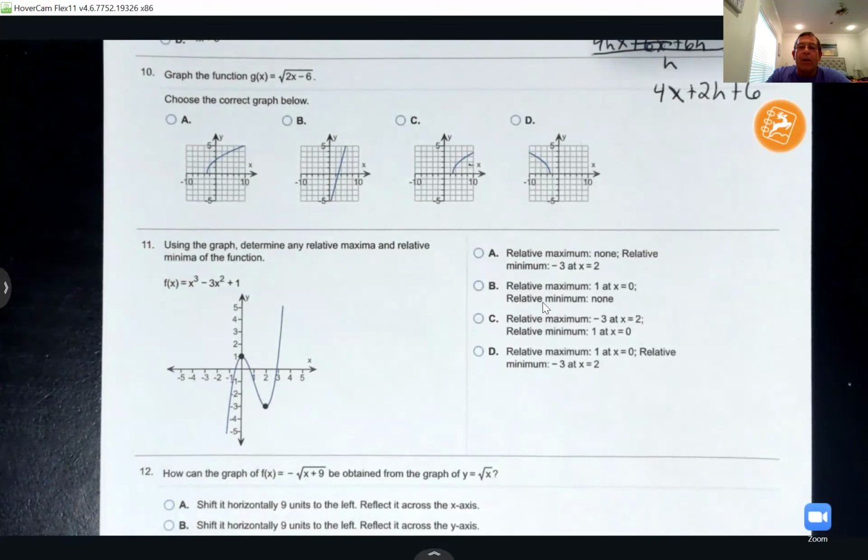So B said there wasn't a minimum. D has my minimum of -3 at x equals 2. So on that one, we would pick D, okay? So look at the 2 points. Remember, the y value was the maximum and minimum, and then you got to figure out what the x value is they're happening at, okay?